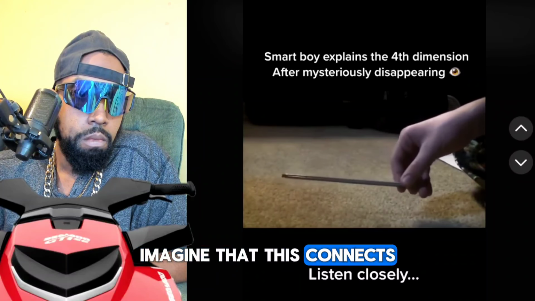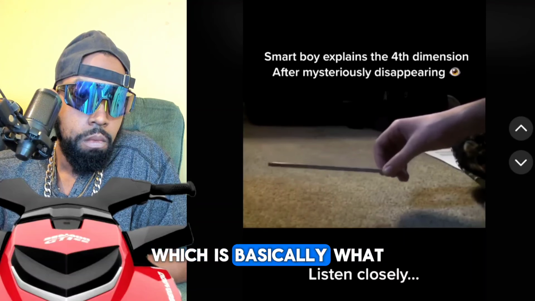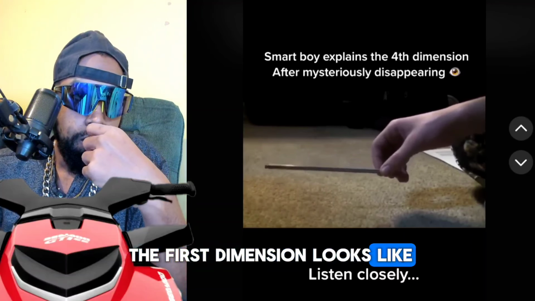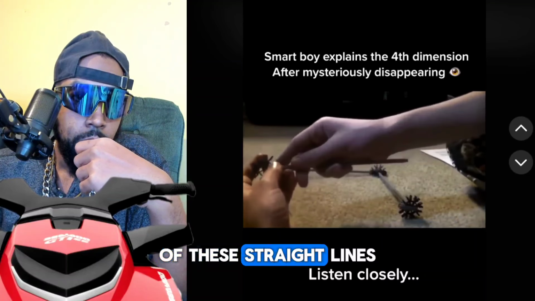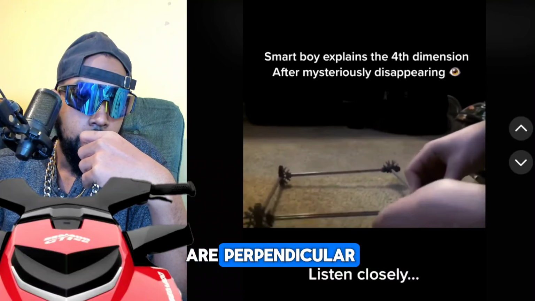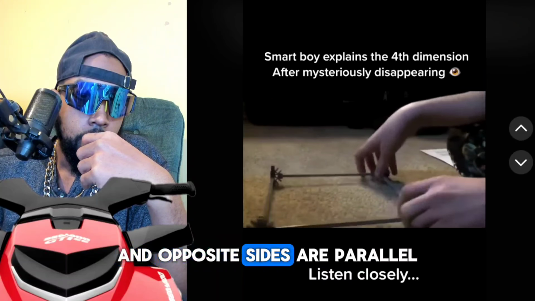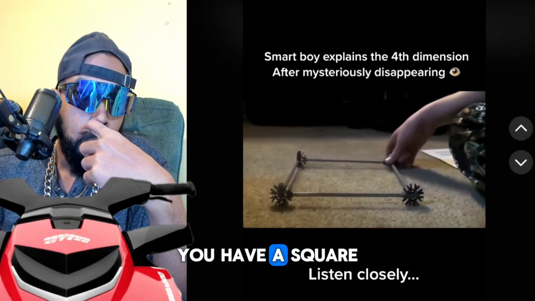imagine that this connects piece represents the first dimension. It's simply a straight line, which is basically what the first dimension looks like. And if you add 3 more of these straight lines and connect them so that adjacent sides are perpendicular and opposite sides are parallel, then you have the basic shape of the second dimension. You have a square.